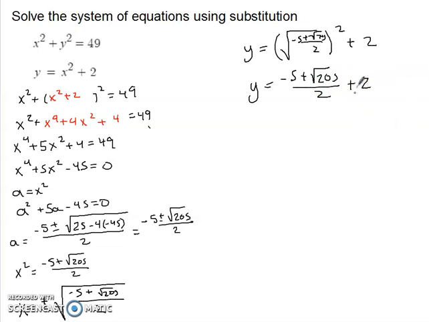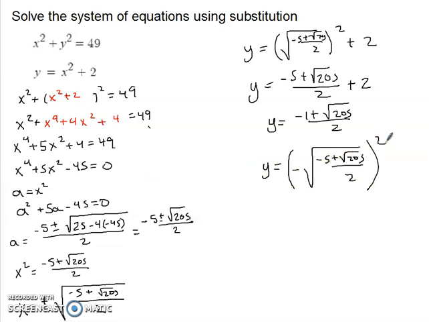And then I can combine my like terms here. If I add these two fractions together, I get negative 1 plus square root of 205 over 2. And similarly, if I have a negative here, let me go ahead and write this out, y equals the negative square root of negative 5 plus square root of 205 all over 2, squared.